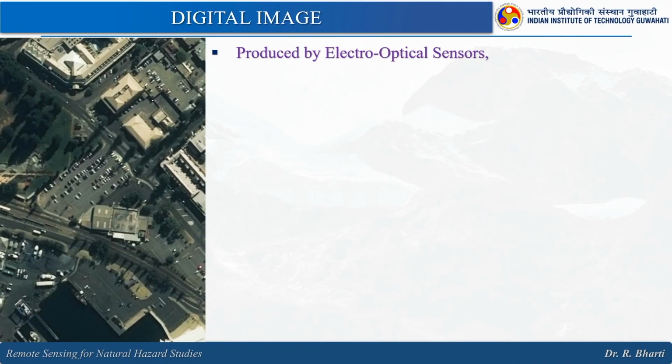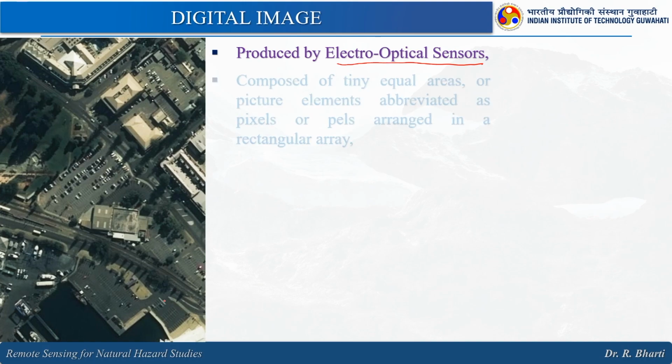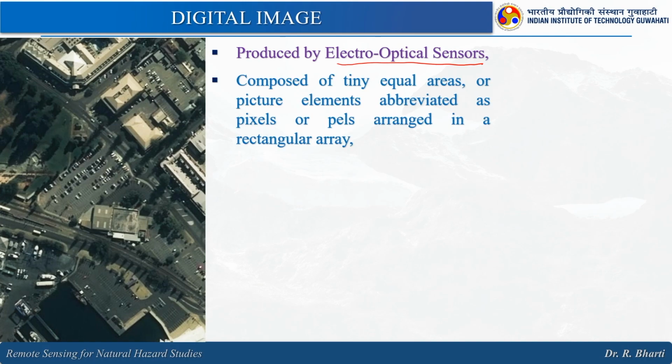So when we talk about the digital image, because these images are digital images, these are produced by electro-optical sensors. It cannot be sketched, it cannot be scanned, right. So we are generating this kind of images by electro-optical sensors, and the output of these sensors, that means this digital image, is composed of tiny equal areas or picture elements abbreviated as pixels.